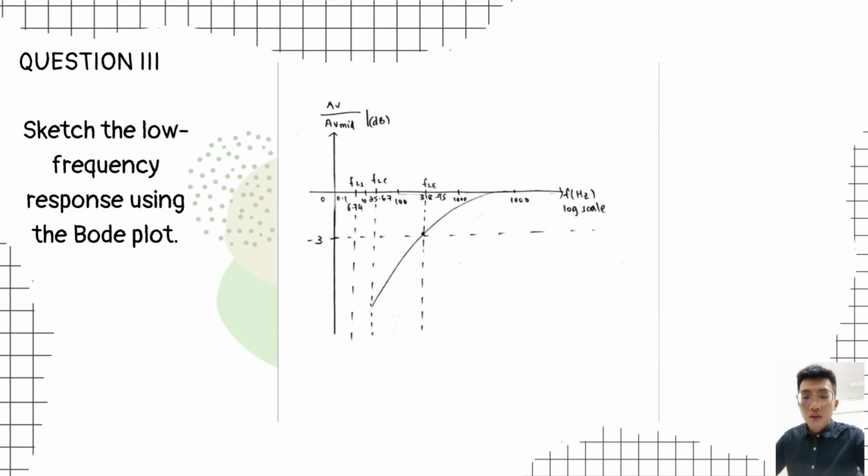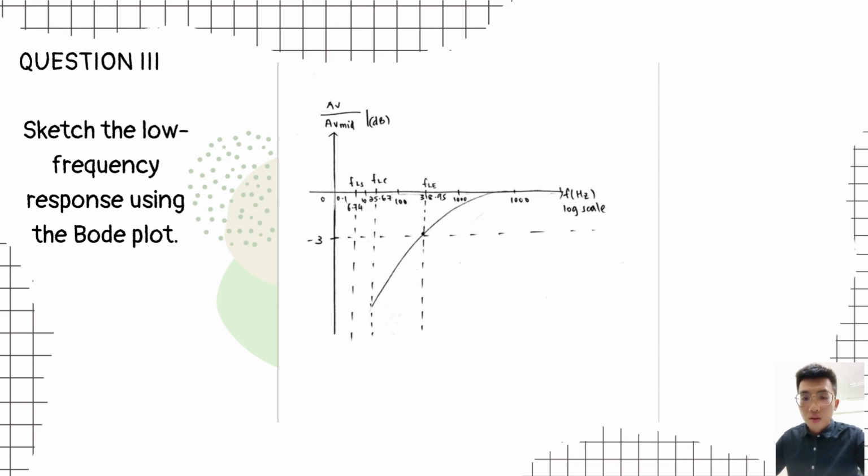Question 3 is to sketch the low frequency response using the Bode plot. The y-axis is Av over Av mid in dB, and the x-axis is frequency in hertz.